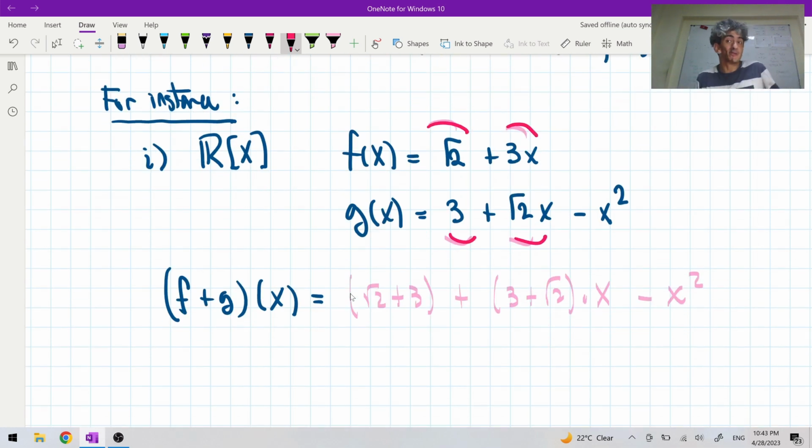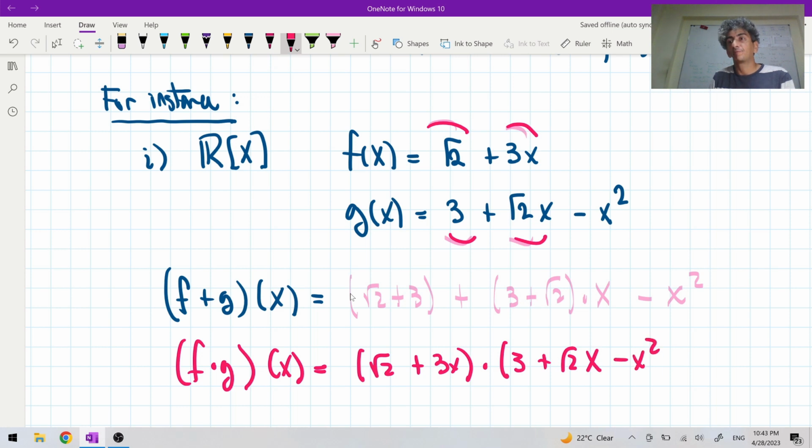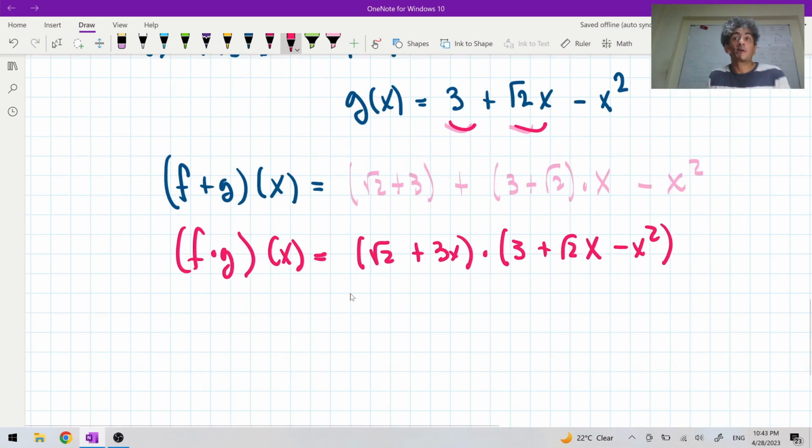This is frankly an operation that we have done before. And the same goes with multiplication. What's the multiplication of f and g at x? Well, you have to multiply together polynomials, remembering how to operate with the x's. And this is merely distribution and addition together.